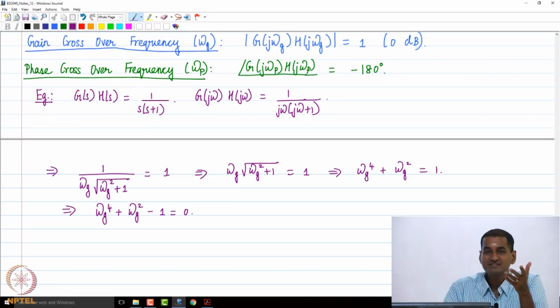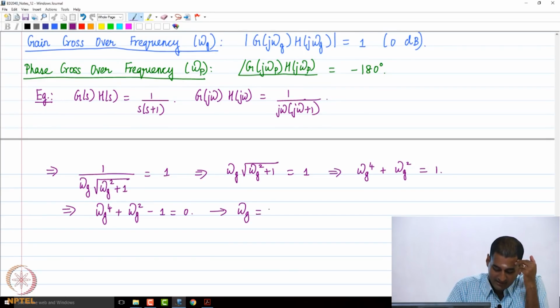This is a fourth order polynomial in omega g, but you see that it is quadratic in omega g squared, since it has only omega g to the power 4, omega g squared and a constant term. If you say omega g squared is some omega g hat, you will get a quadratic equation. You use that notion to solve for this. Please do it and check this answer.